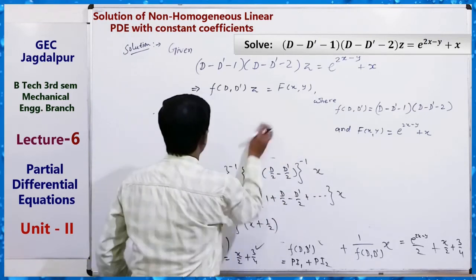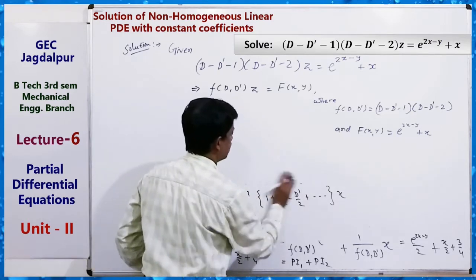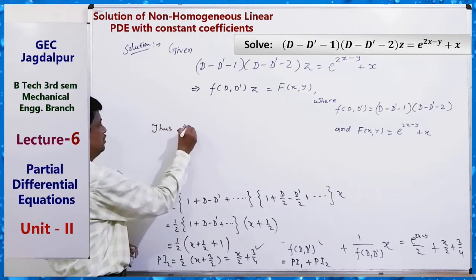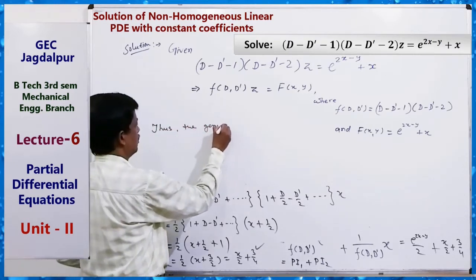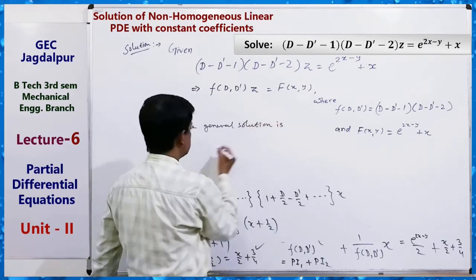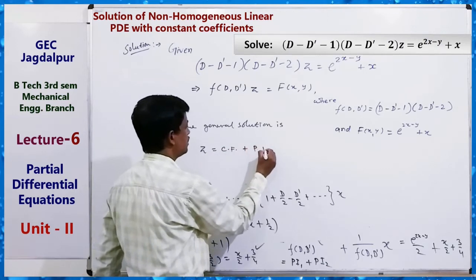Hence, the solution is given by, or you can write also like, thus the general solution is what? Z equals CF plus PI.